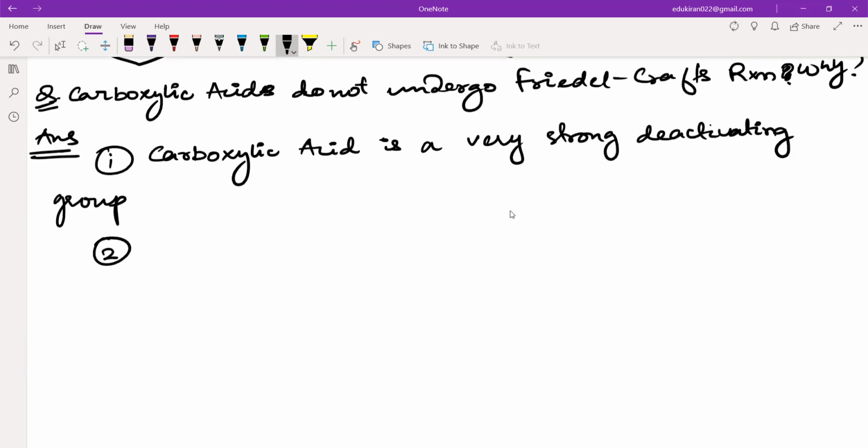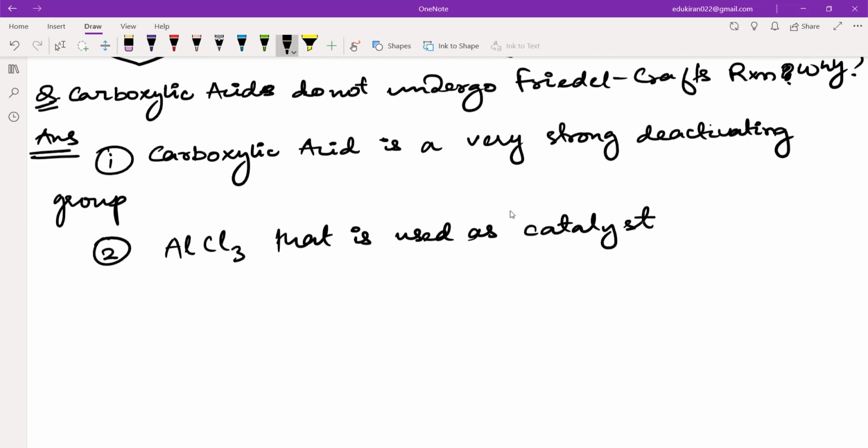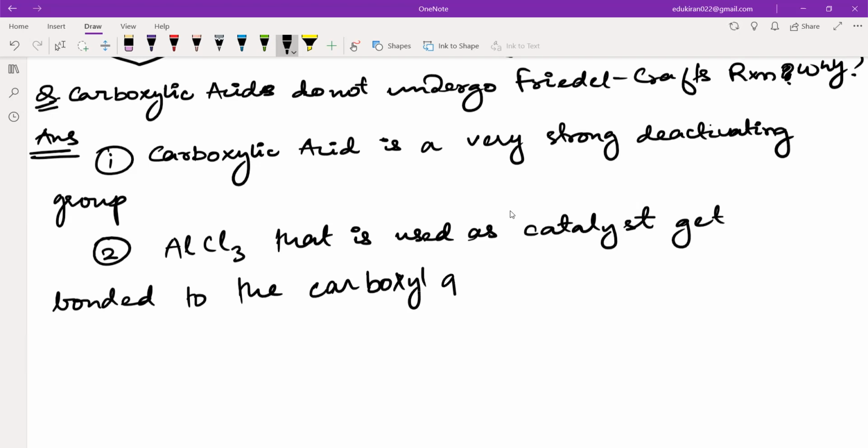Second reason is that the catalyst we use in Friedel-Crafts reaction, AlCl3, gets bonded to the carboxyl group, and the reaction doesn't occur.